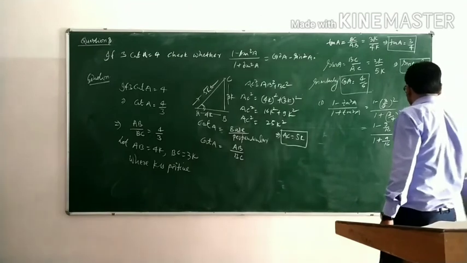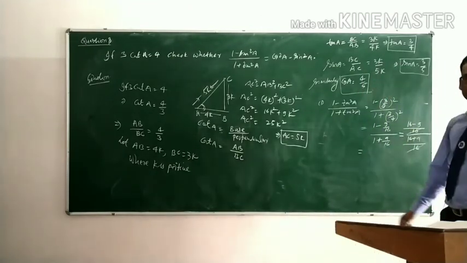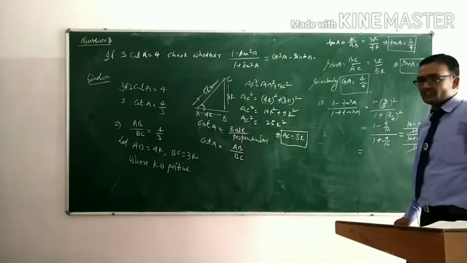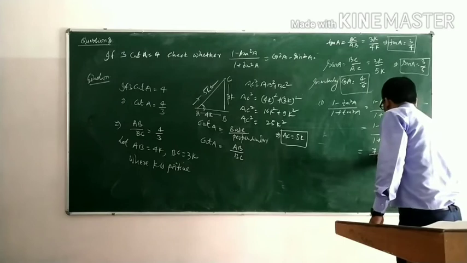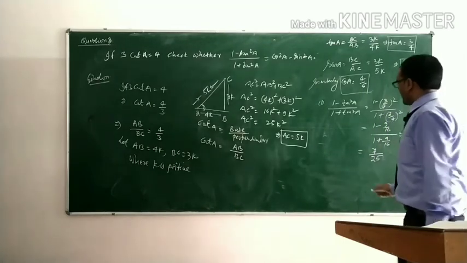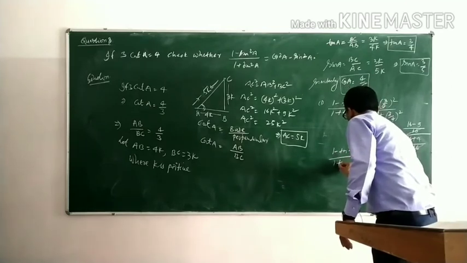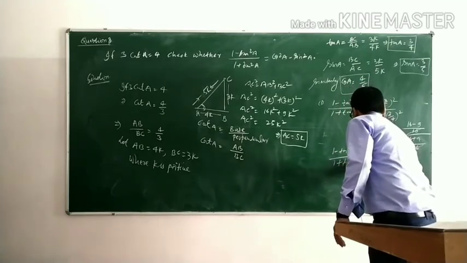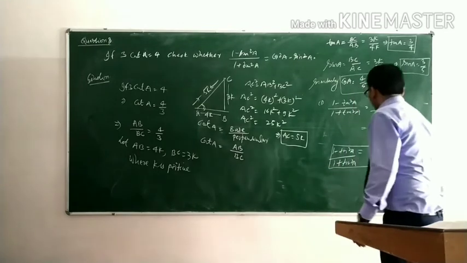The 16 will be cancelled, and we find 16 minus 9 is 7 upon 16 plus 9 is 25. Then the value of 1 minus tan square A upon 1 plus tan square A equals 7 by 25.